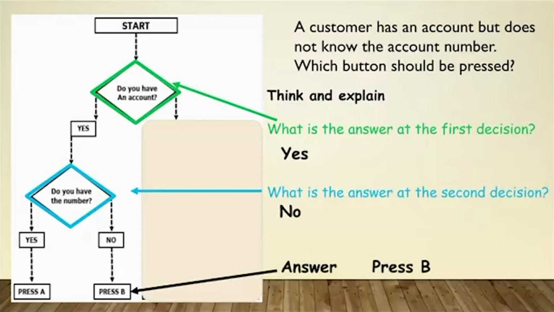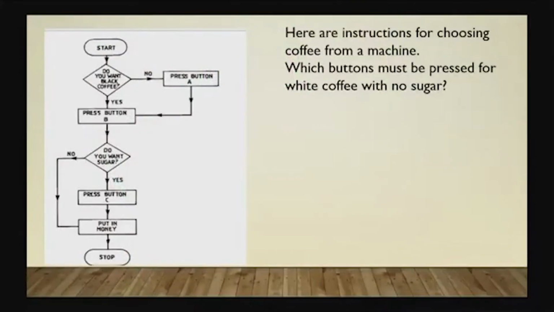All right. Here are instructions for choosing coffee from a machine. Which button must be pressed for white coffee with no sugar? So we're starting with, after the start, we have a decision. Do you want black coffee? Is it a yes or no for this one? Okay, we want white coffee, so we do not want black coffee.